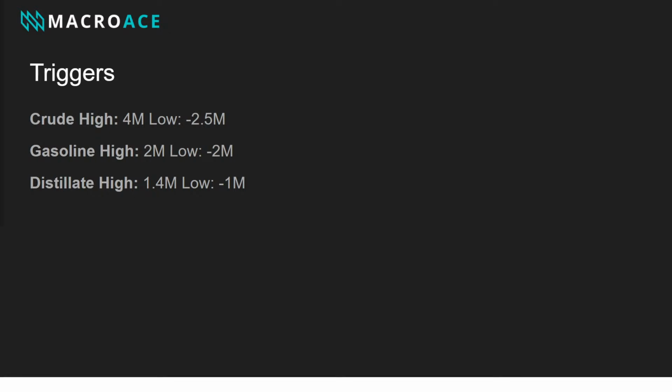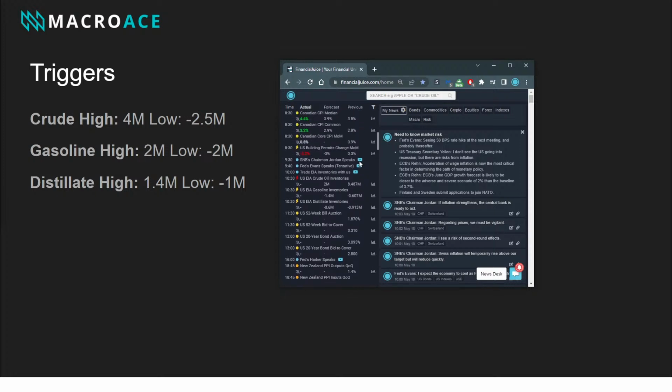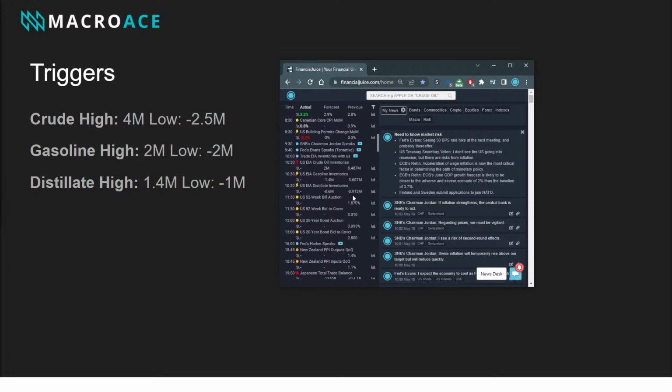If we're looking at today's median forecast from economists, they see 2 million, or they see a draw on the inventories data. And then gasoline seeing a build at minus 1.4 million compared to the prior of minus 3.6.